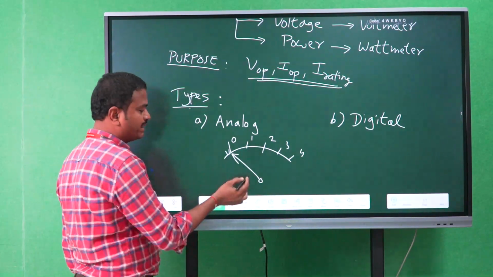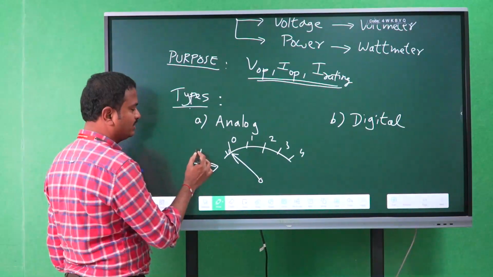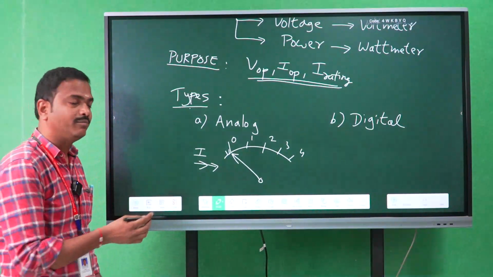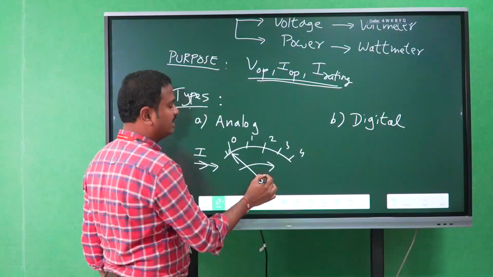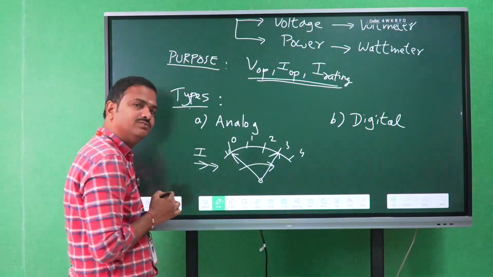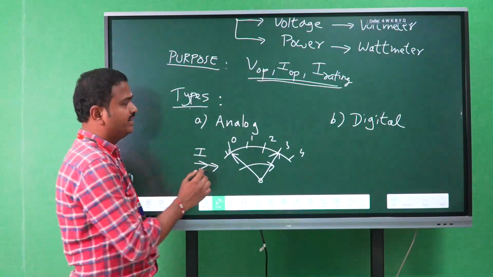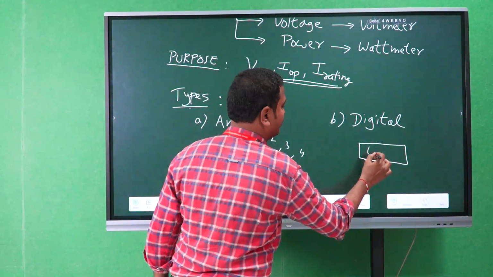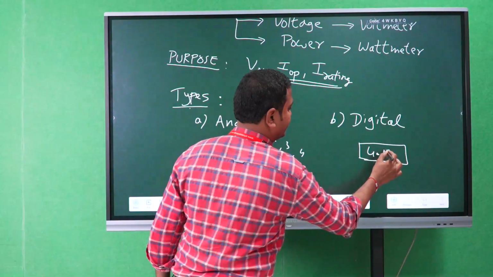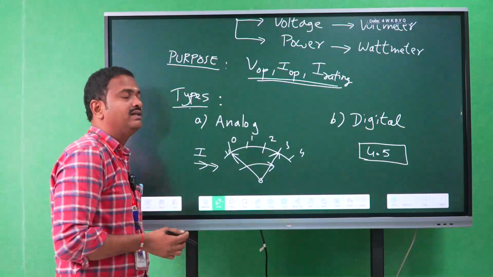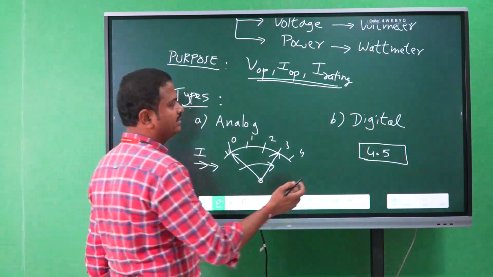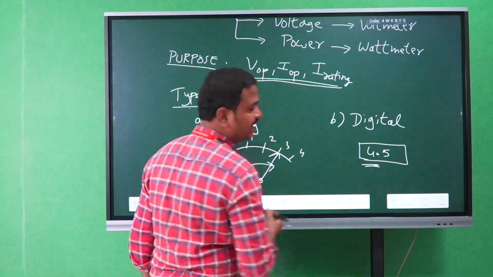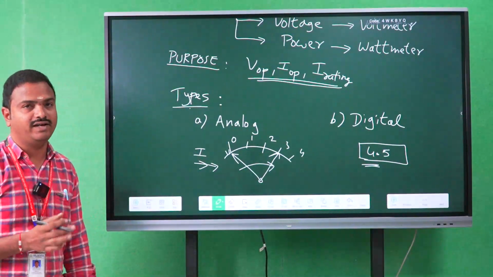Whenever the supply is connected to the instrument, the pointer moves on the scale to represent the accurate value. Digital instruments directly show the reading in numerical value, like 4.5 amperes, 3.2 amperes.